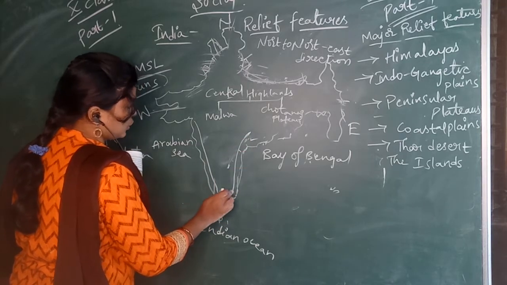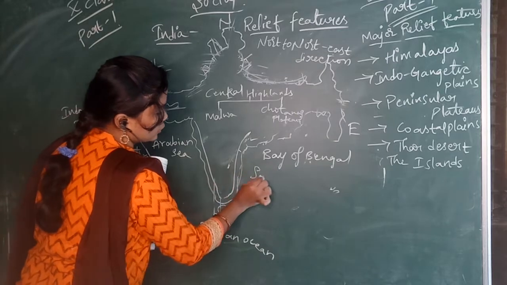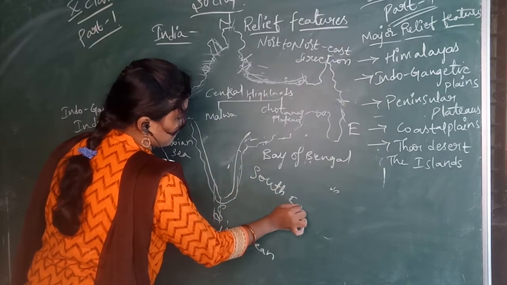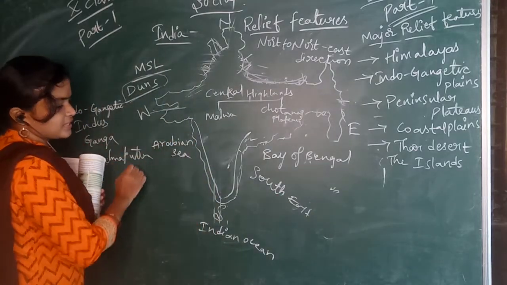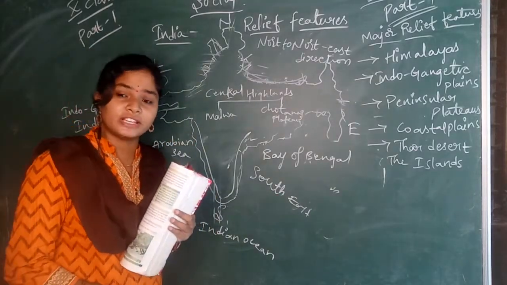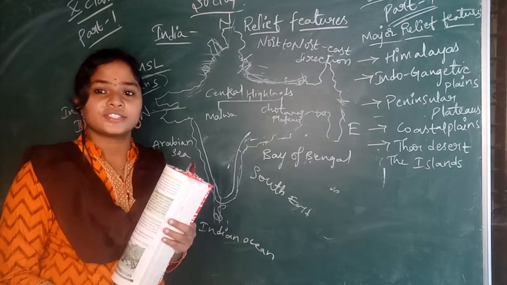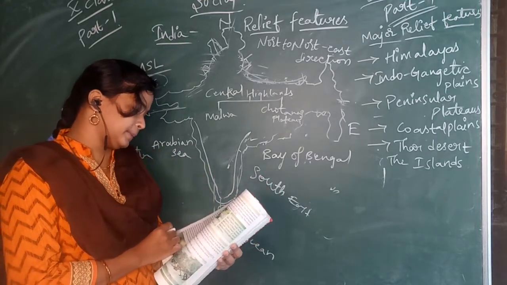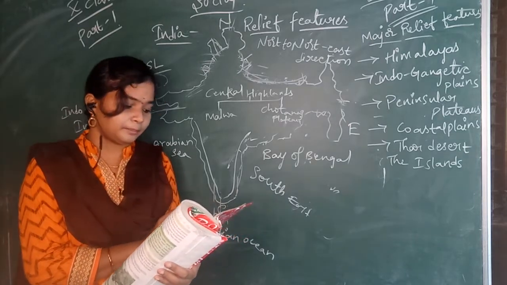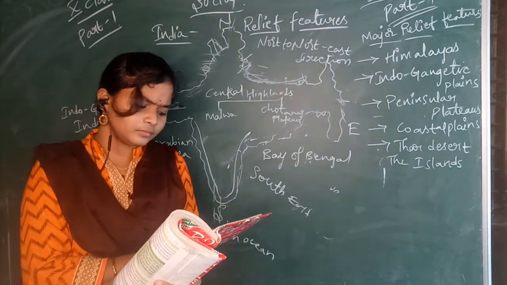To the southeast is known as the eastern side, and the other is known as the western side. Which is the highest? The highest Ghats are the Western Ghats.